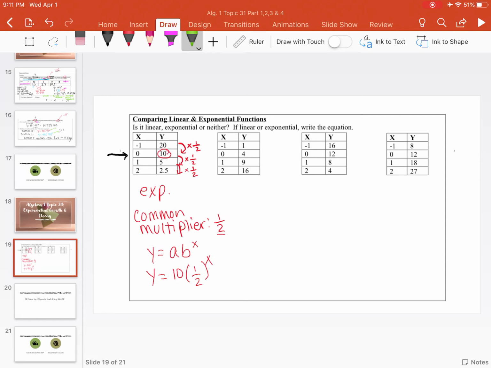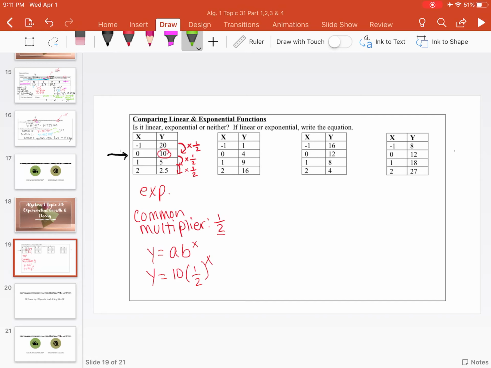Looking at the next example, we go from 1 to 4, 4 to 9, 9 to 16. Well, to get from 1 to 4, we can multiply by 4, or we can add 3. To get from 4 to 9, we have to multiply by a fraction or add 5.